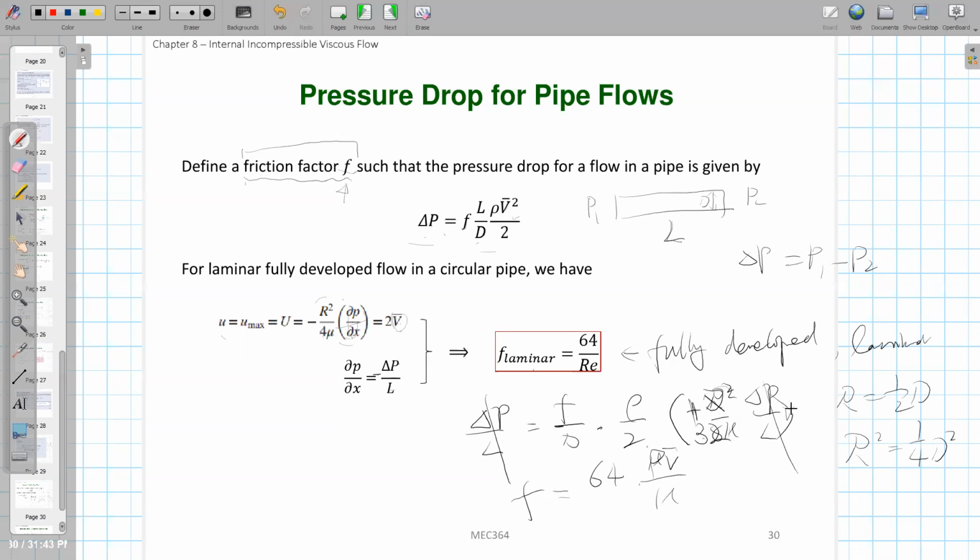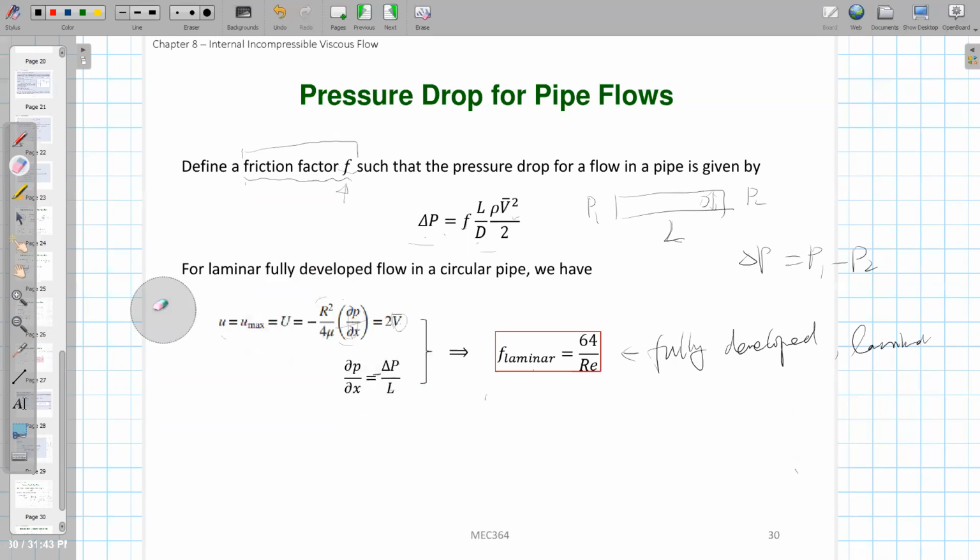We also have V average here; I forgot to add it. Anyway, in the end you get this 64 here. So it shows that for laminar flow, the friction factor will be 64 over Reynolds number for this fully developed circular tube.